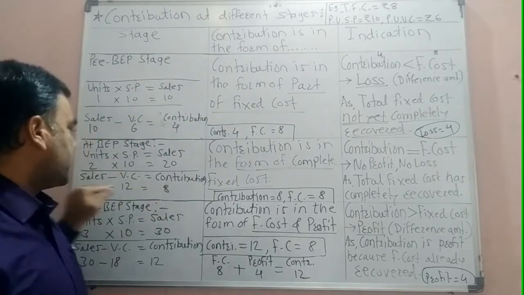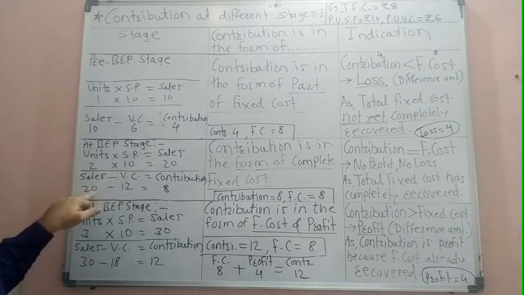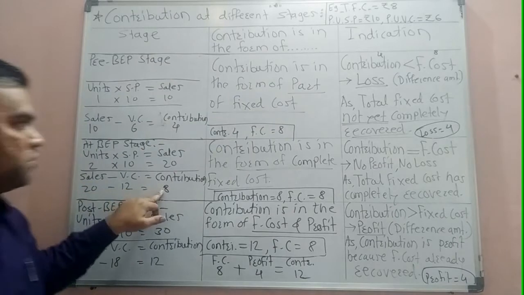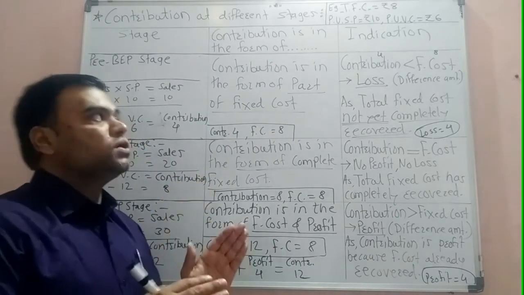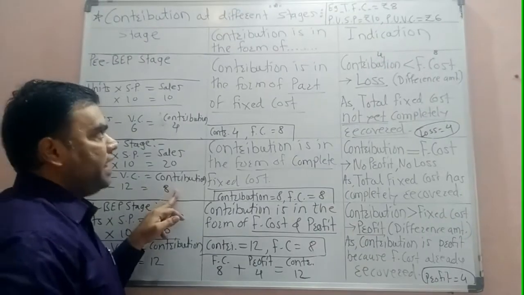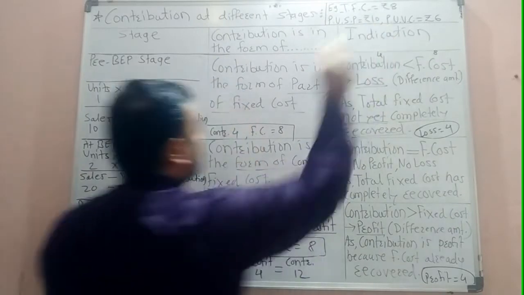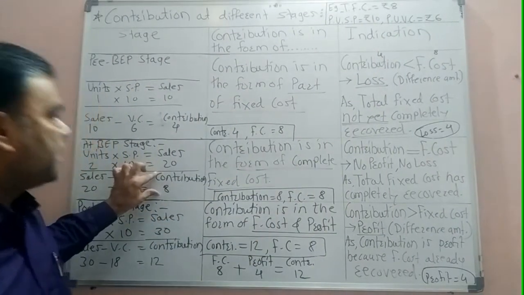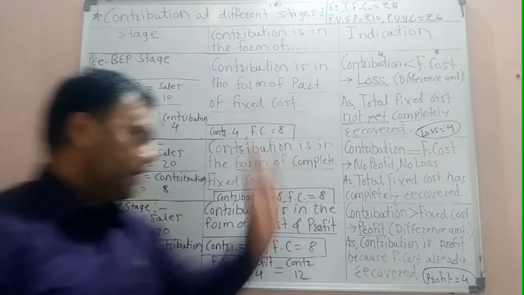Now we have sold the second unit, 2 units at ₹10, 20 sales, sales 20 less variable cost of 2 units 12, 8 is the contribution, and that contribution amount is utilized to recover our total fixed cost. So contribution 8 has been utilized to recover our total fixed cost ₹8.